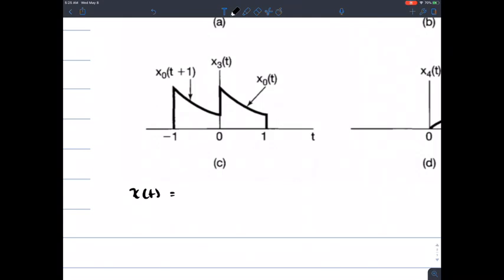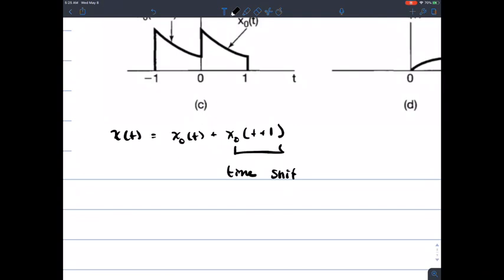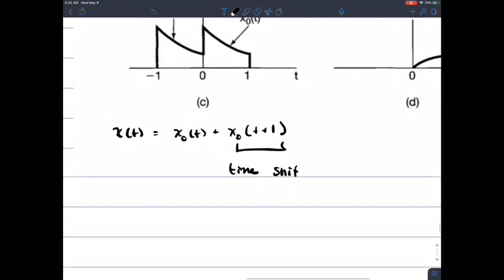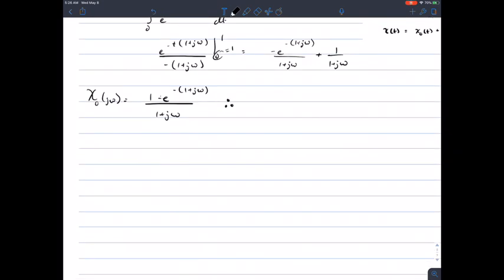This x of t is going to be equal to x0 of t plus x0 of t plus 1. Alright, so this is a time shift. And a time shift in x of t is correlated into the Fourier transform.